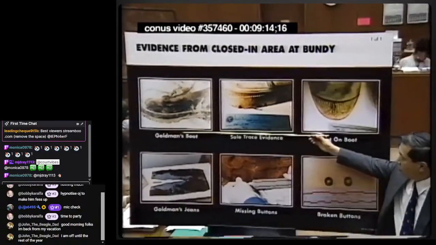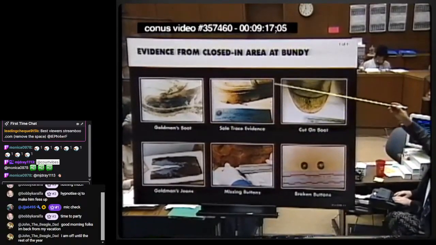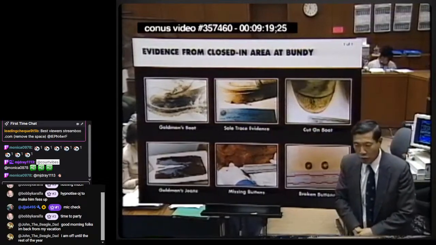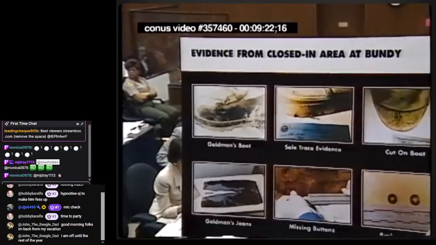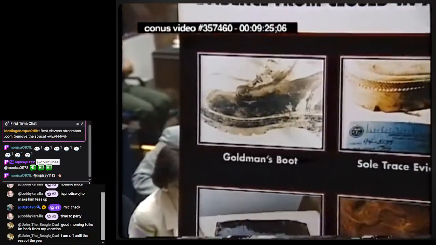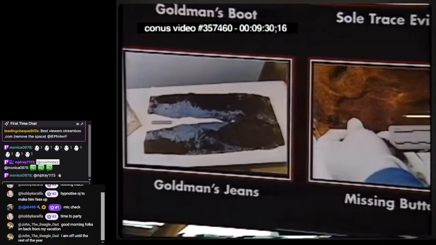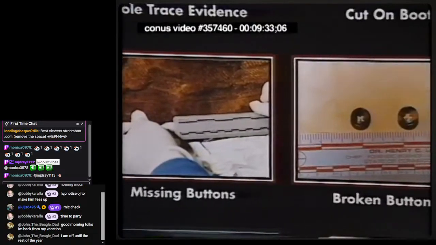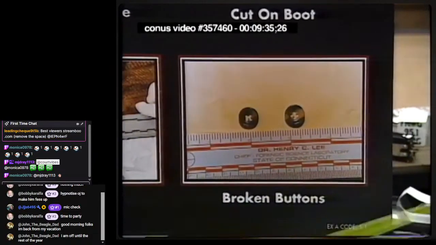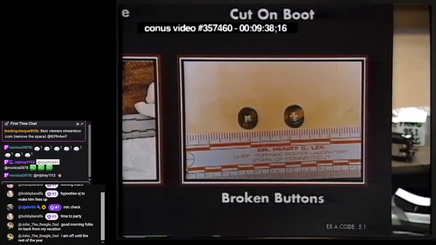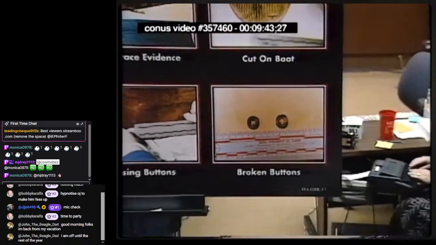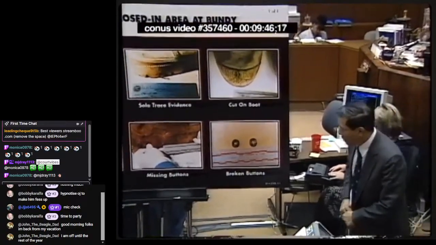The top row, the 3, is related to Mr. Goldman's boot. The bottom 3, one depicts an overall view of a blue jean. Second, the middle one depicts a portion of Mr. Goldman's shirt. The third one depicts 2 buttons, which I recovered when I examined this particular garment.